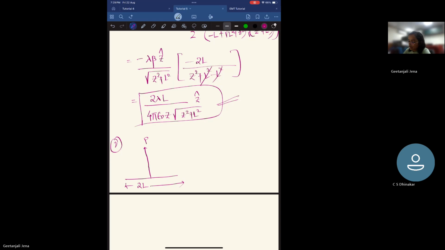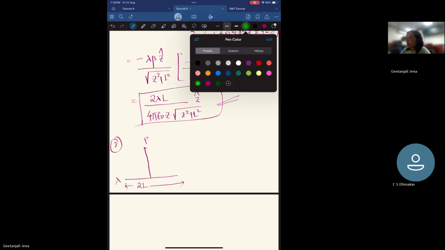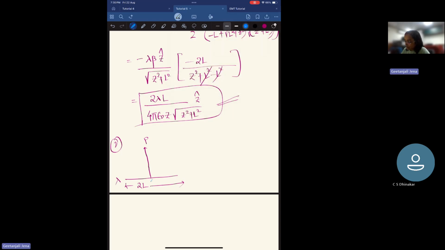You need to find out the potential here and the electric field here. For that, we can take a distance x. Let us say there is a small length element, and because of this small length element, there will be a potential at this point P. This distance, I think it's given as z, and this will be r.